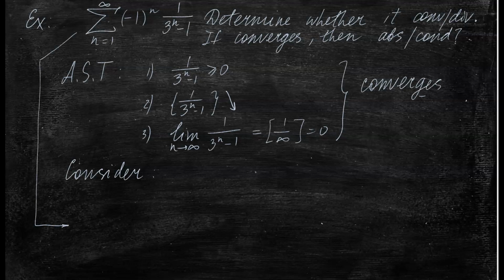How so? It converges by the alternating series test, and if it does converge, now the question we're going to answer, the second question, does it converge absolutely or conditionally?